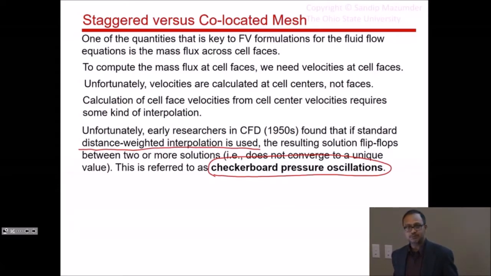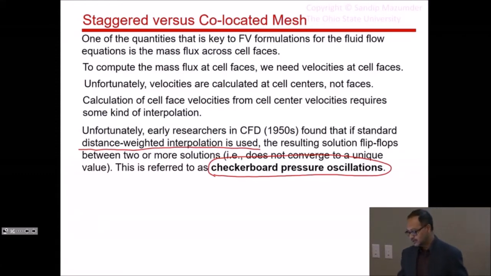So in the 50s, people said, okay, we have this nice grid, which is the grid that you use for your advection diffusion equation. So they said, okay, we are going to discretize the momentum equation x and y on that grid, okay? And for pressure, we are going to solve this pressure Poisson equation that we have derived on paper with whatever boundary conditions we have derived, and they found that that doesn't work.